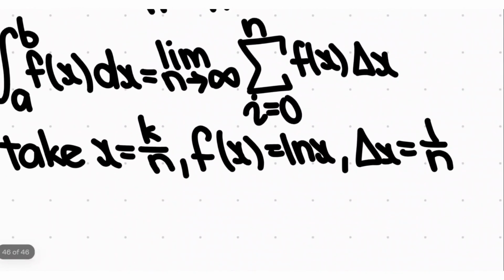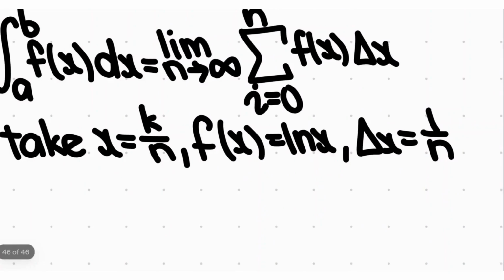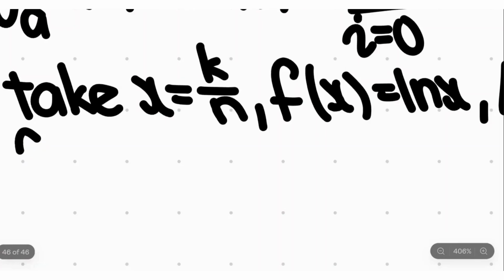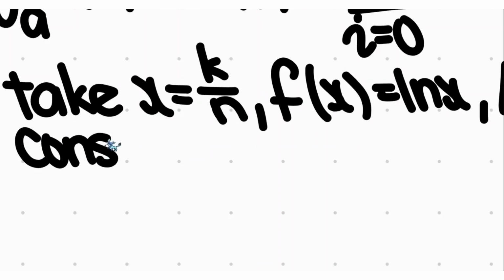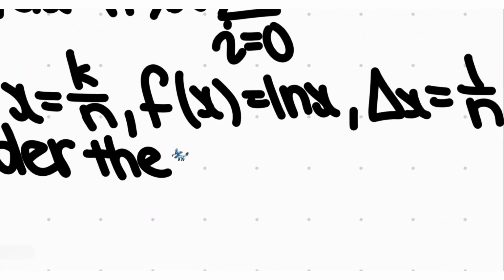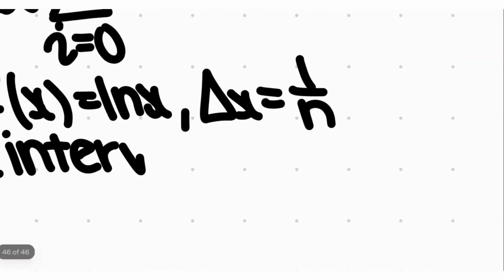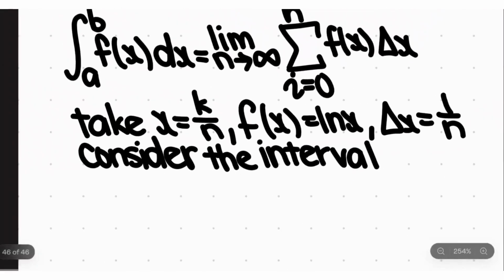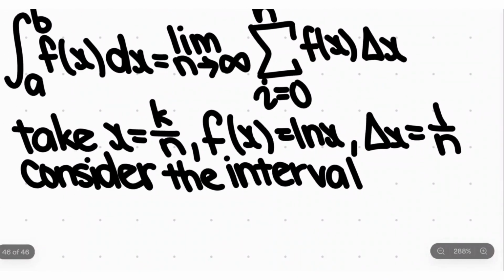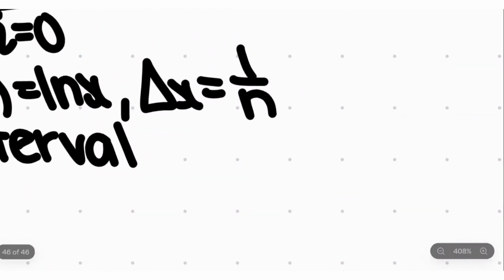And for the definite integral, I'm just going to consider the interval 0 to 1, because we can choose any bounds, it doesn't really matter here. So we're just going to pick something really simple, like 0 to 1.